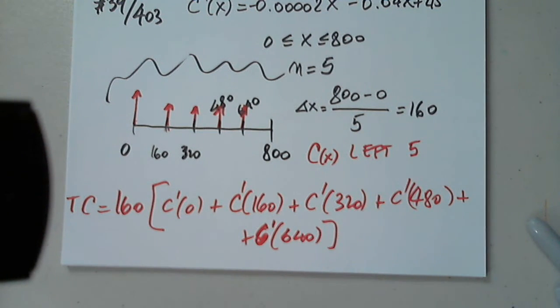So 160 in front, and in parentheses, negative 0.00002 list L1 squared, and then minus 0.04 list L1, not squared, and plus 45, and close.